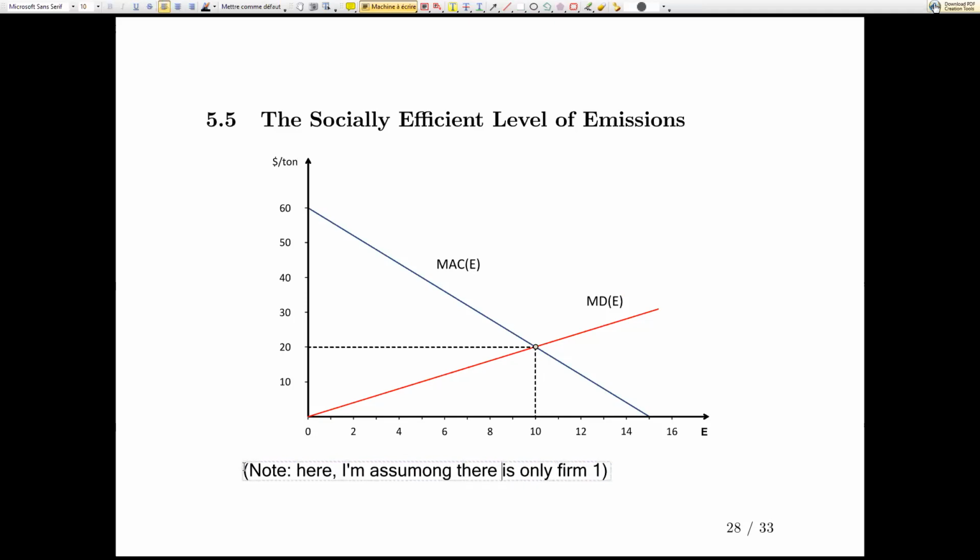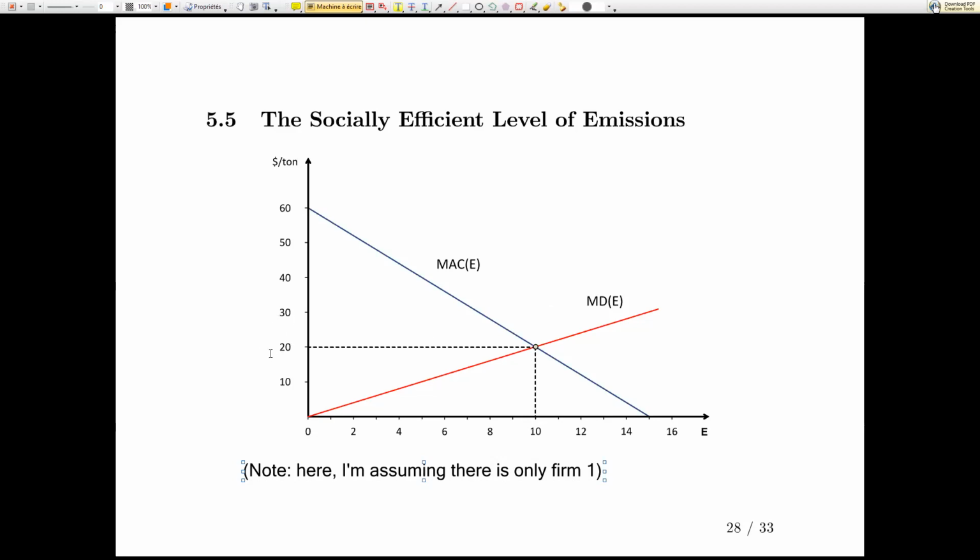So what is the optimal level of emissions for firm 1 here? Well, I set MAC of E equals marginal damage of E, and I get 10 and 20.